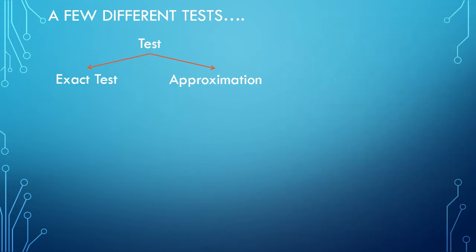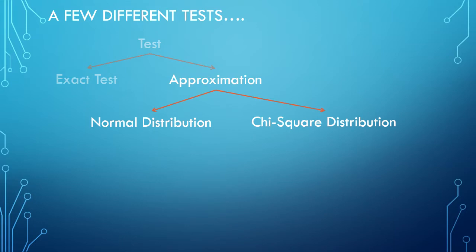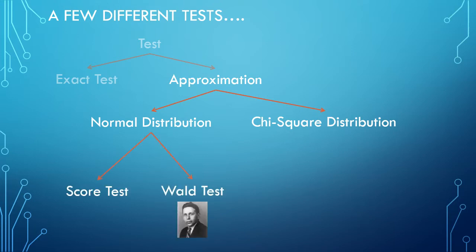Now, with the approximation, there are actually two different options. So we can either approximate the binomial test using a normal distribution or a chi-square distribution. Now the normal distribution, there are actually two options there as well, which is known as a score test or a Wald test. The difference has to deal with how you compute your standard error.